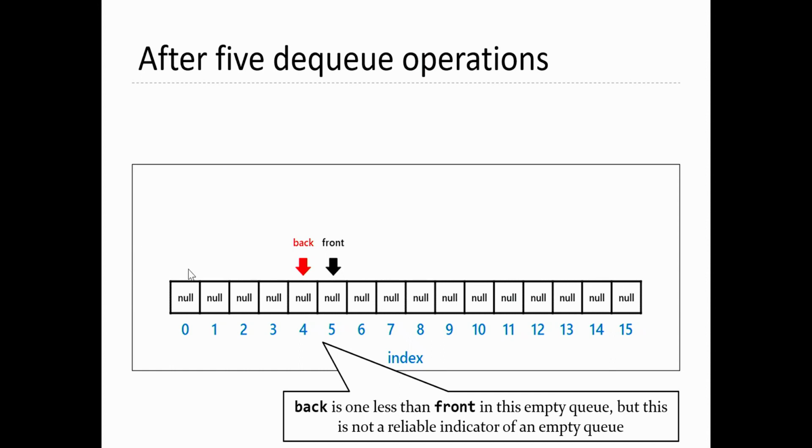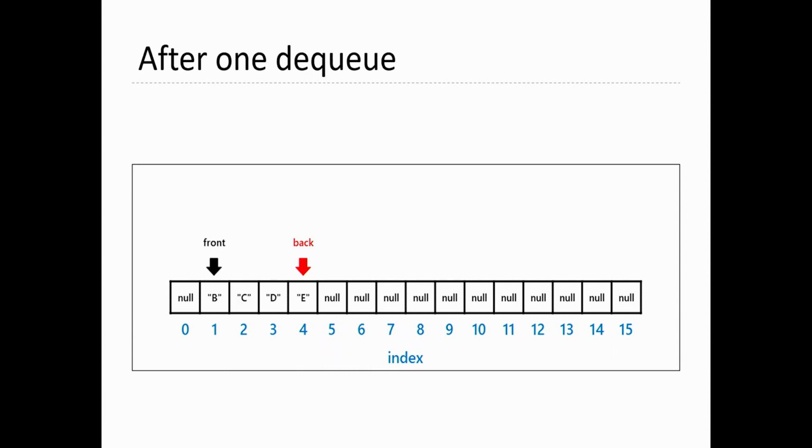Now, you might wonder, why are we doing all of this? By implementing dequeue this way, all I'm doing is shifting this index front. I'm not moving all the elements forward in the queue, which you would have to do in a list.